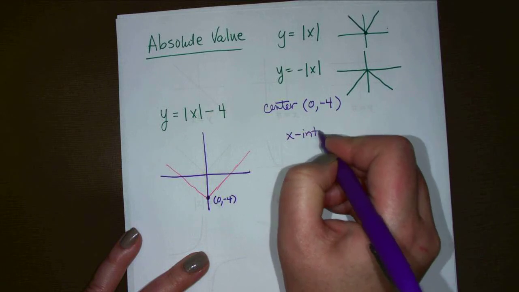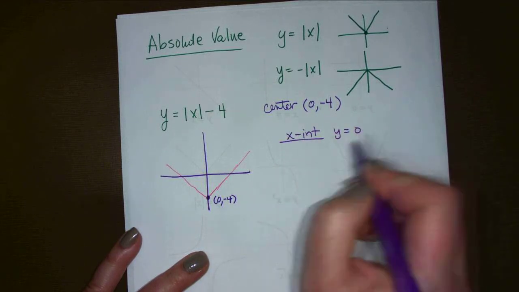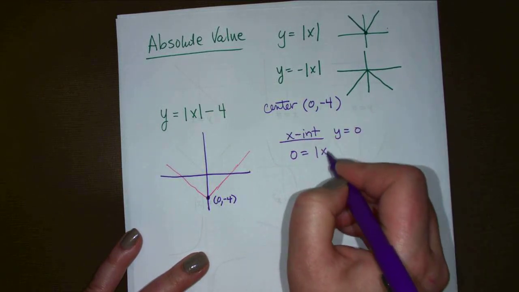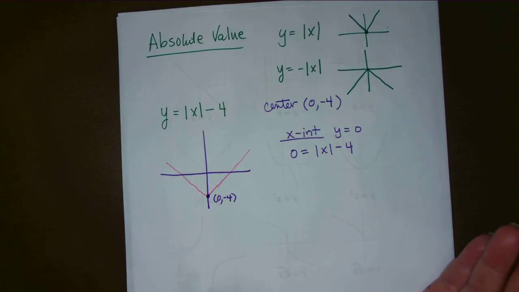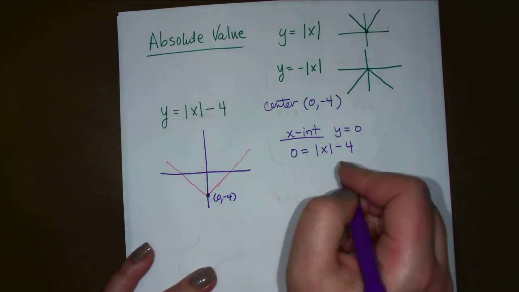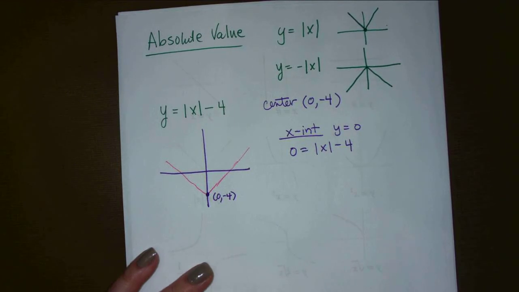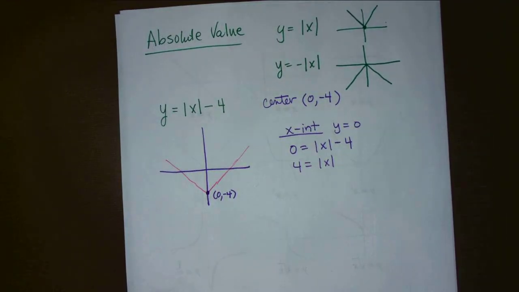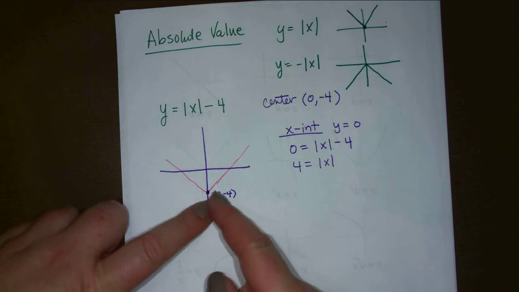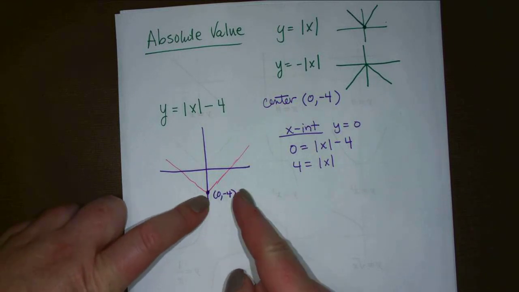We let y equal 0. Again, same idea, isolate the absolute value. So what will we move? The 4. All right, do you remember how to solve these? So absolute value has two answers, the plus and the minus, and that is that it's the distance 4 from this direction and the distance 4 from this direction.